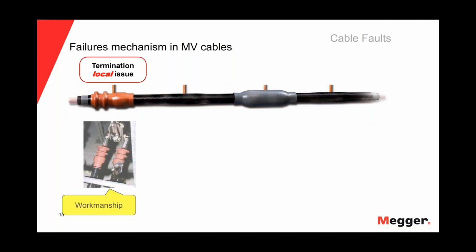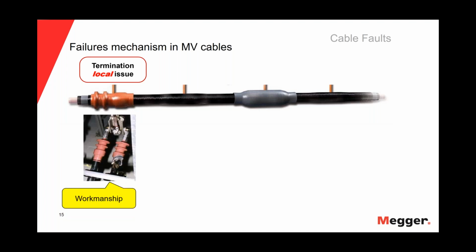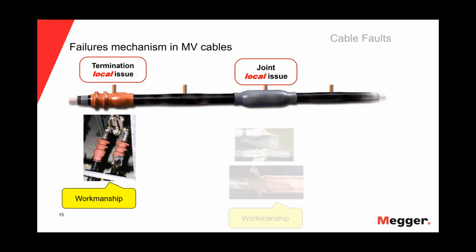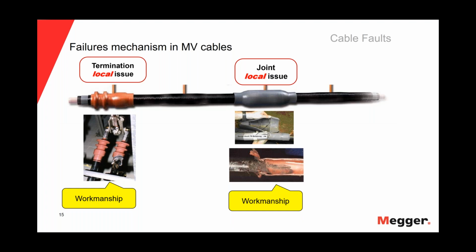Many times, if the termination fails, it can be traced back to a workmanship issue. And if we look at joints or splices, it's kind of the same thing. When we take new cable and put a splice in it, if the splice or termination isn't assembled exactly to manufacturer specs, we might introduce a weak spot that will eventually lead to a fault.